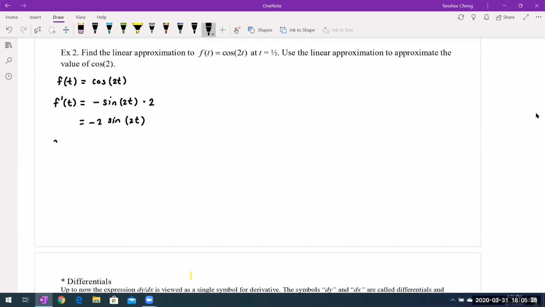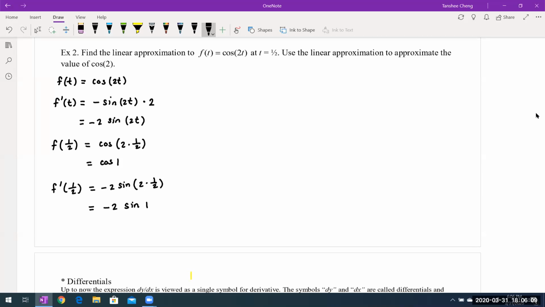To find the linearization function, I need to know the function value at half. So that is cosine of 2 times 1/2, which gives me cosine of 1. And then I need to know the slope of the tangent line at that point on the curve. So that is evaluating the derivative function at half, which gives me negative 2 times sine of 2 times half, which is negative 2 sine of 1.